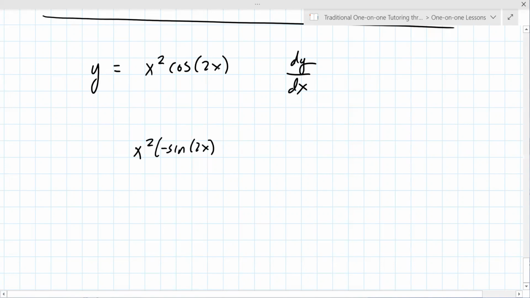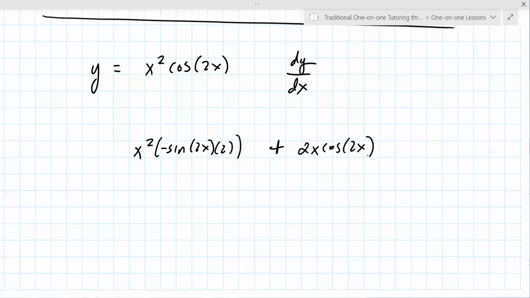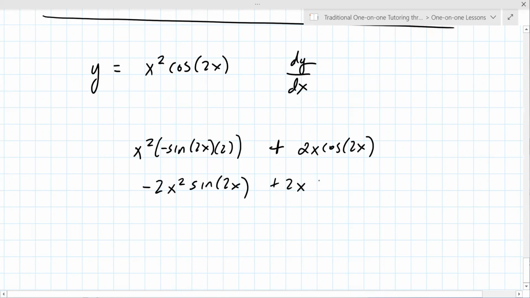But then you have to multiply by the derivative of the inside function, which is 2, plus keep the second, derivative of the first, 2x cosine 2x. Okay, yep. So then you get minus 2x squared sine 2x plus 2x cosine 2x.